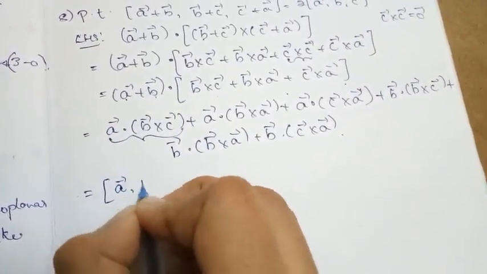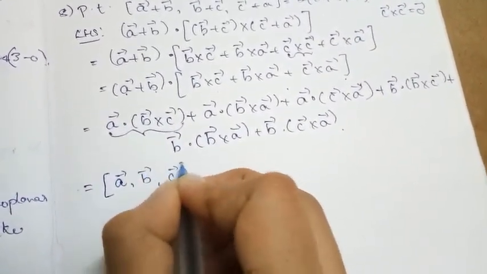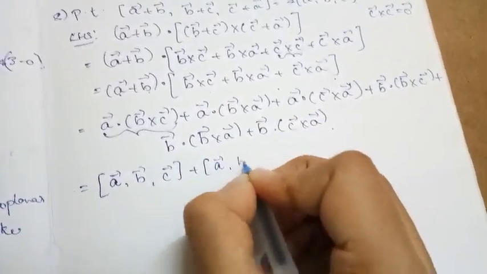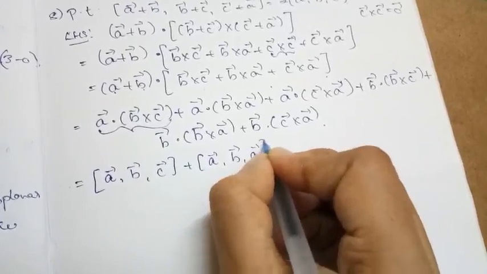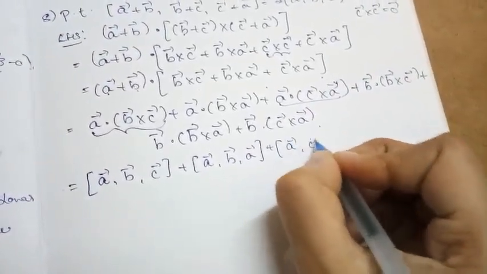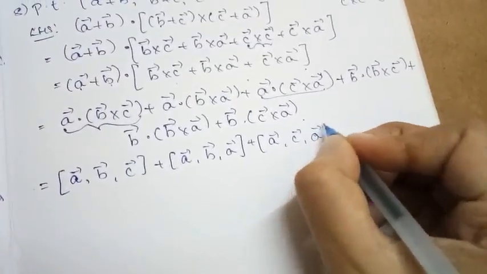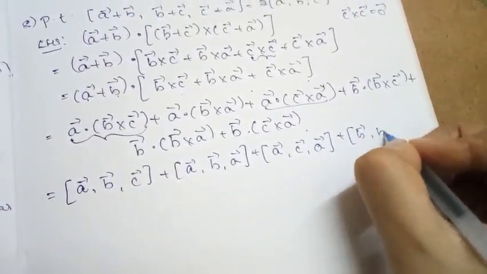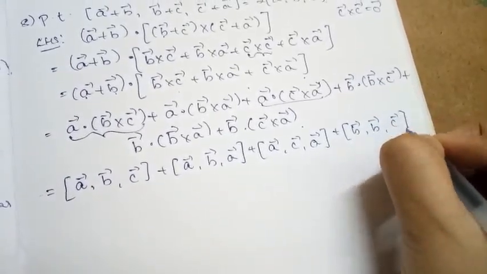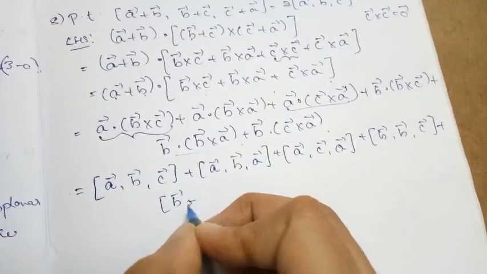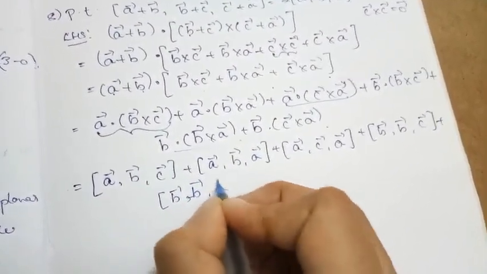This becomes [A, B, C] in the order. What does this become? [A, B, A]. What does this become? [A, C, A]. What about this? [B, B, C]. What about this one? [B, B, A].